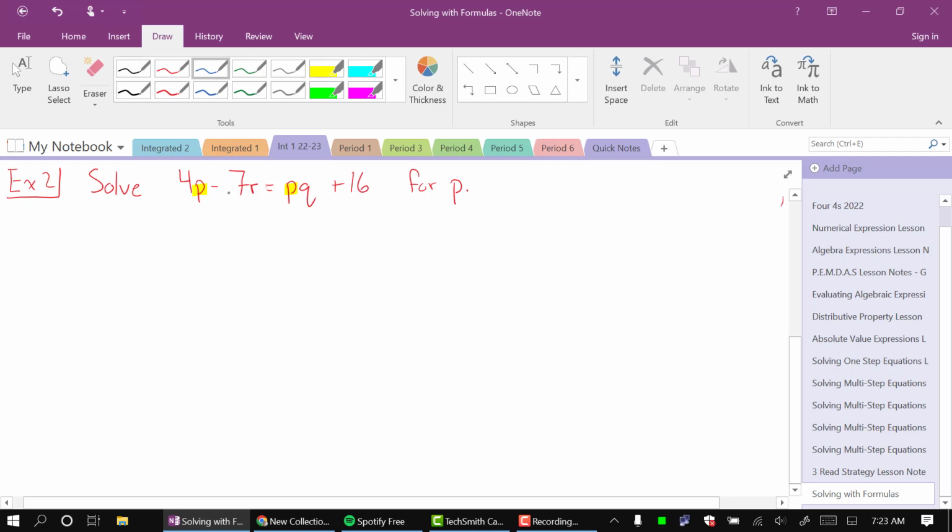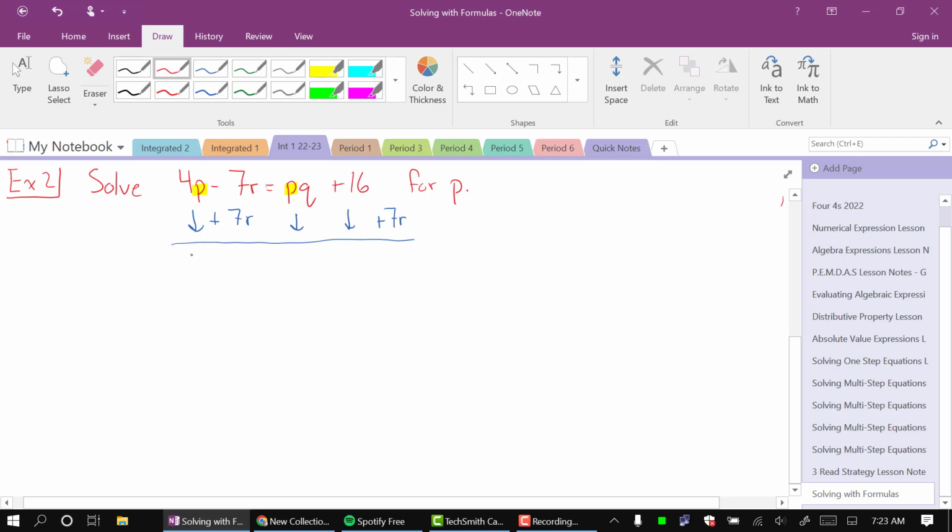So I'm going to undo subtraction with addition. I'm going to add 7r to both sides. As we saw in the previous problem, 7r cannot be combined with 16, and it cannot be combined with pq. So I'm just going to put it off to the side so I remember that when I'm doing the addition.